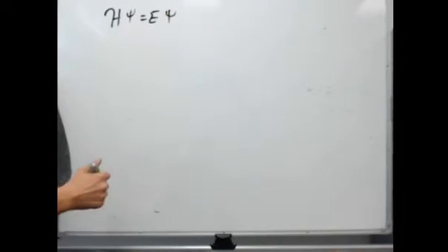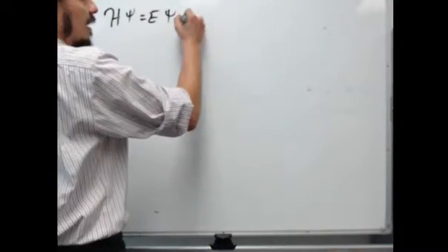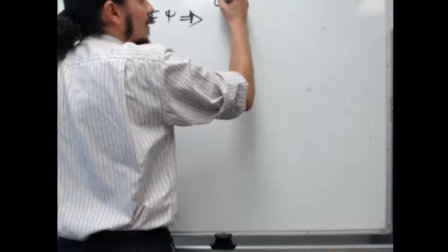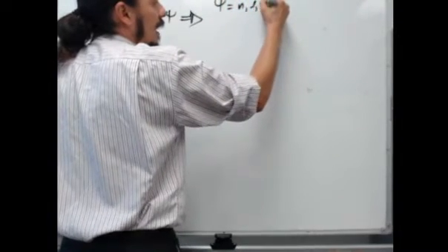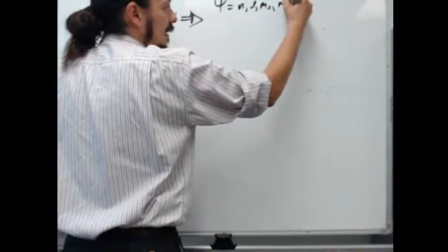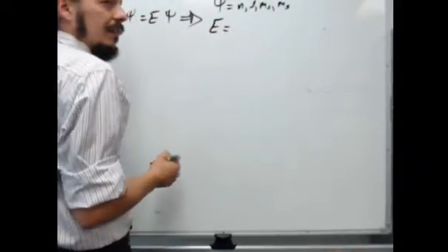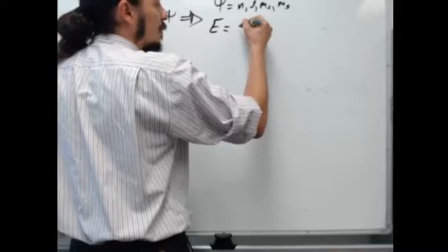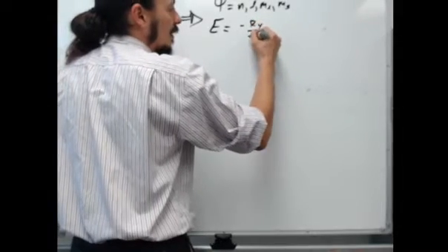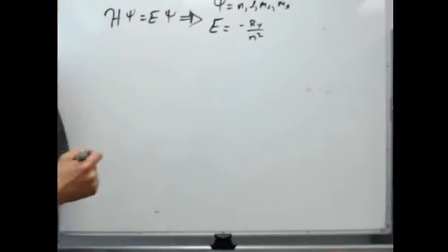So we've got some H psi equals E psi. The important thing here is it gives us our wave functions, which give us our n, l, m sub l, m sub s, and it gives us our energy. If we're looking particularly at hydrogen, this is going to be negative Rydberg constant over n squared, right?